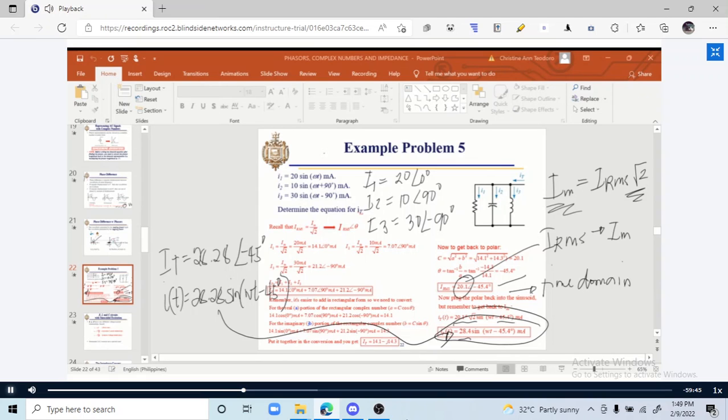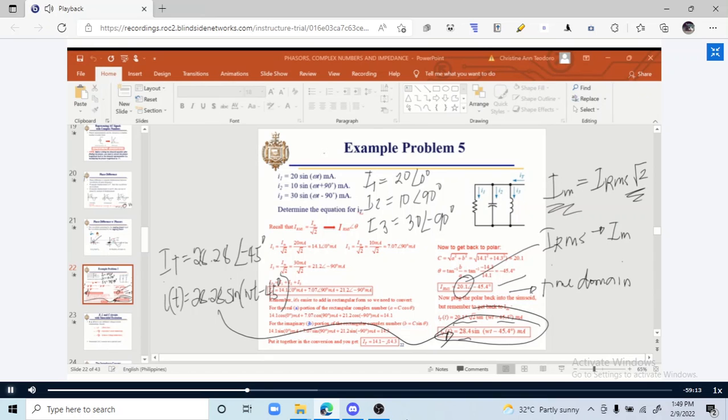EE22S1, where did we get the negative 45.4 degrees? What if we don't know the arctangent 14.3 over 14.1? Where did we get the negative 45.4?